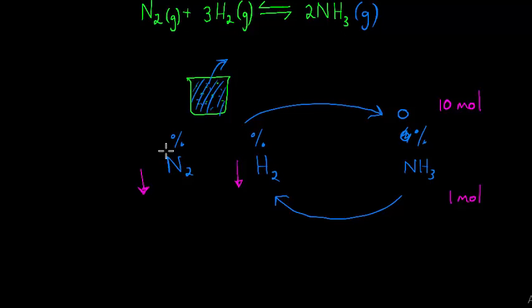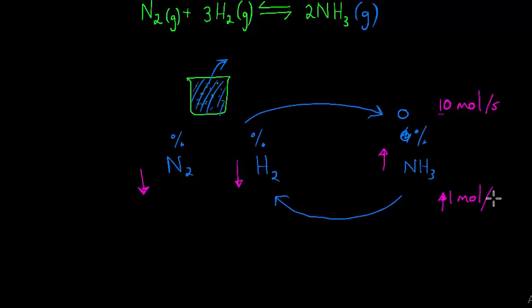For example, the number of particles of nitrogen is decreasing over time because we are using it up to produce ammonia. The same with hydrogen. And the ammonia's concentration is increasing. So the reverse reaction rate is increasing because its concentration is increasing. So the forward reaction rate, this 10 moles per second, is starting to decrease.